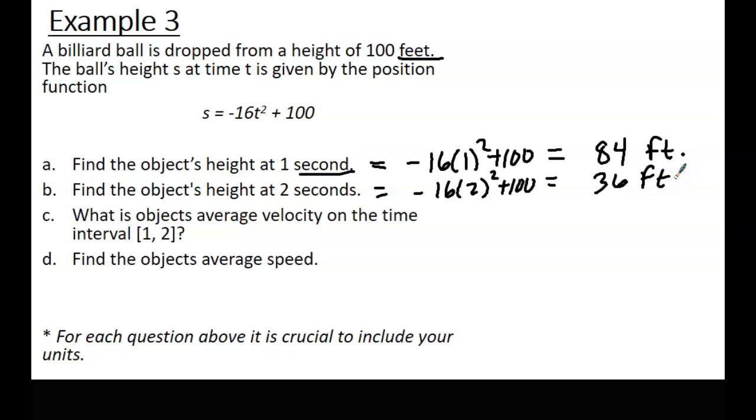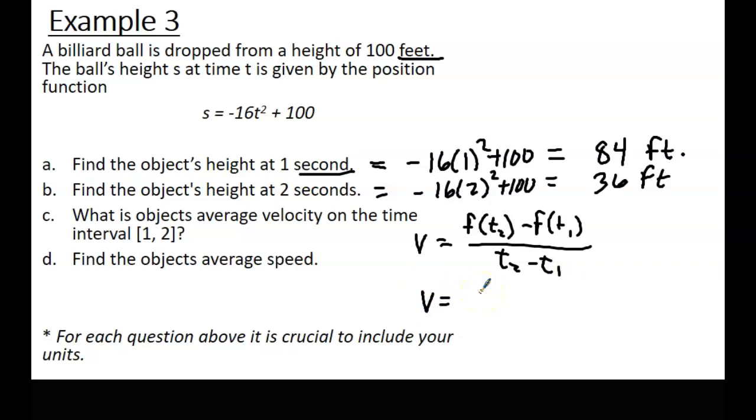Now I want to find the object's average velocity on the time interval from 1 to 2. Now, velocity is the change in position over the change in time. So, what two time values am I looking at here?